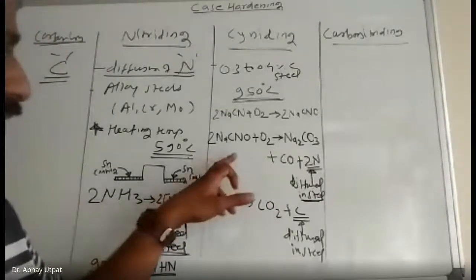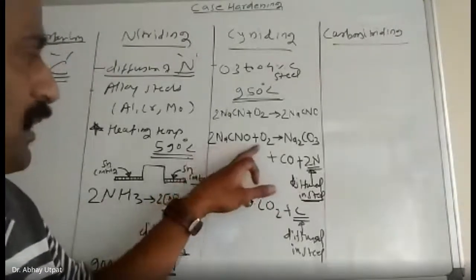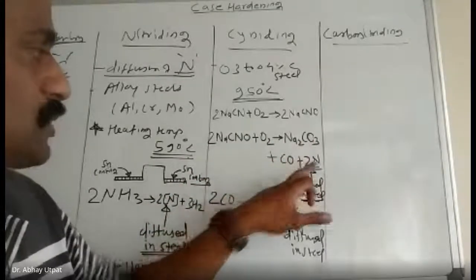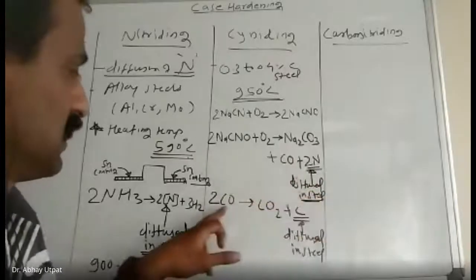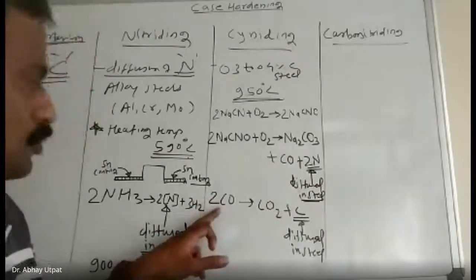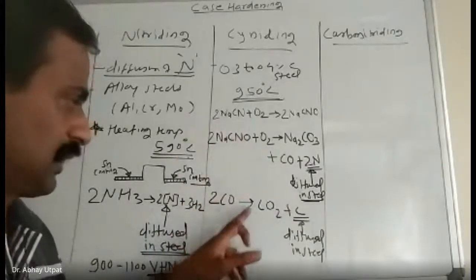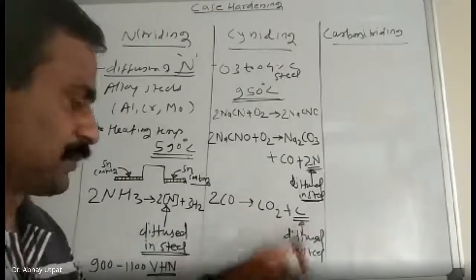Once this reaction is over, write down. I repeat this reaction: 2NaCNO plus O2 gives Na2CO3 plus CO plus 2N diffused in the steel. Then this CO, by combining two elements, 2CO gives CO2 plus C diffused in the steel.